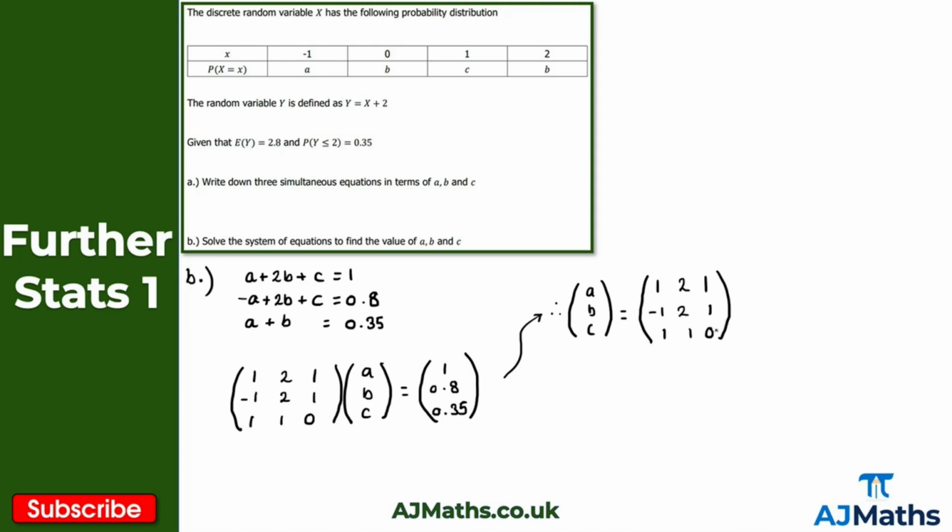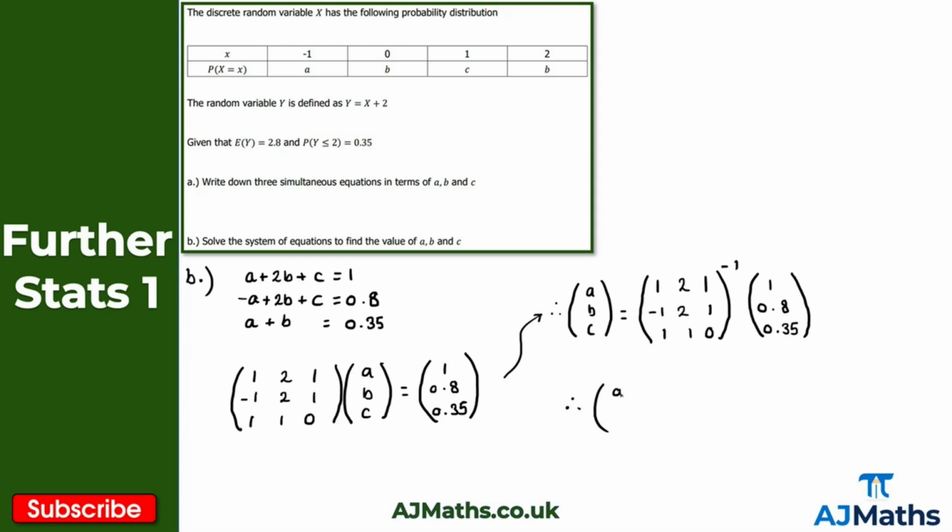Like I said, I need the inverse of that, so clearly that isn't the inverse. I'm going to put that into my calculator and multiply it by 1, 0.8, and 0.35. All you need to do is input this 3x3 matrix, take its inverse, and then multiply it by this matrix here. And this will give you the values of a, b, and c.